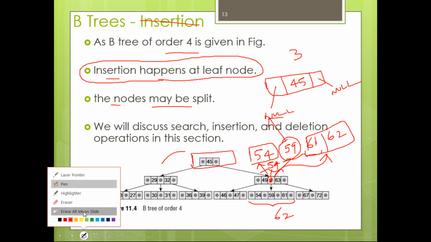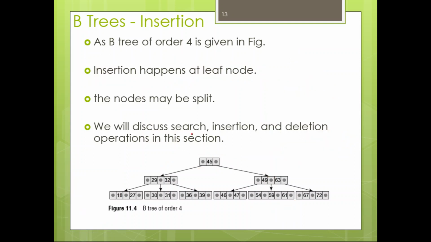We'll discuss that in detail with an example, but I'm just trying to give an overview. The point is insertion happens only at the leaf node. Whenever a node is inserted, you should always insert in the leaf node, but before inserting you have to check the maximum key values allowed in the leaf node. After including this new value, if the number of key values is less than or equal to m minus 1, it is fine, it can be accommodated in that leaf node.